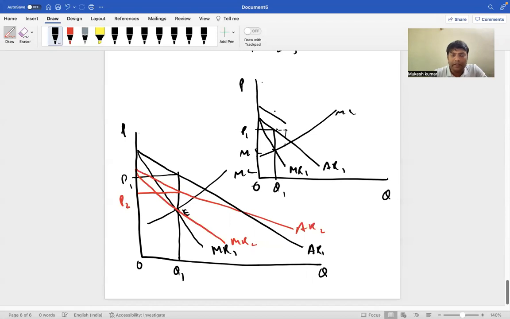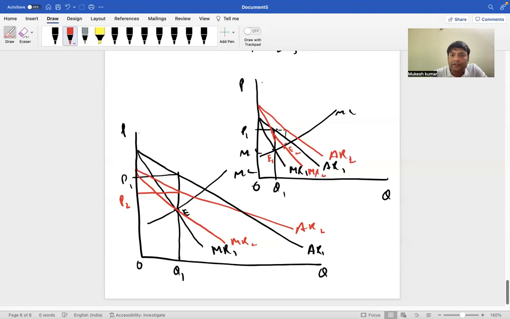Another demand curve is like that, AR2, and accordingly marginal revenue is like that, MR2. So the initial equilibrium is E1, and now the new equilibrium is at point E2.